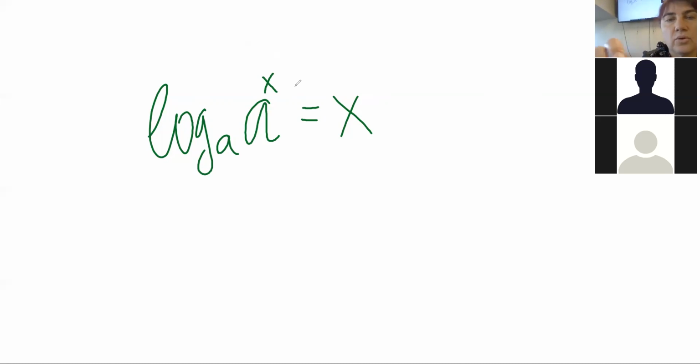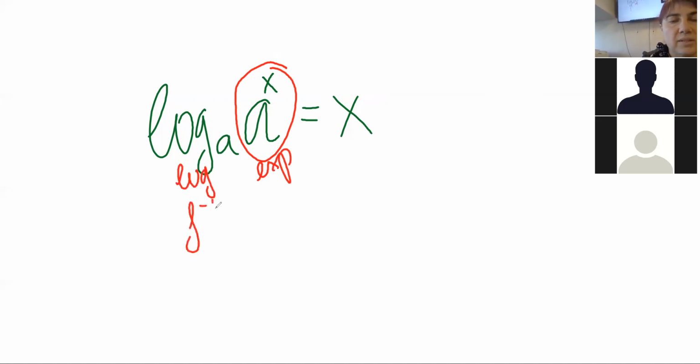There are two ways to find out. One is doing the inverse of the function, because remember, this is the exponential function, and this is the logarithmic function. So you're essentially having f minus 1 of f of x, and you get x. But it's kind of deep thought.